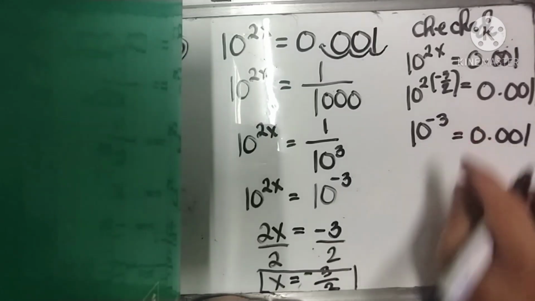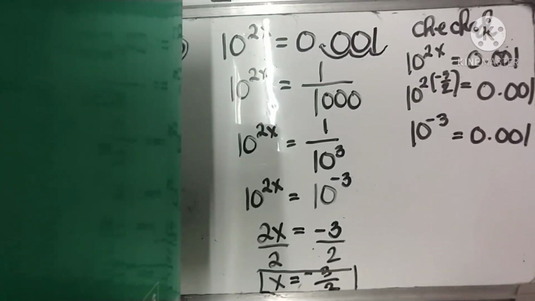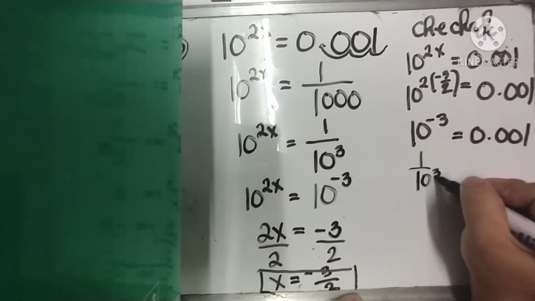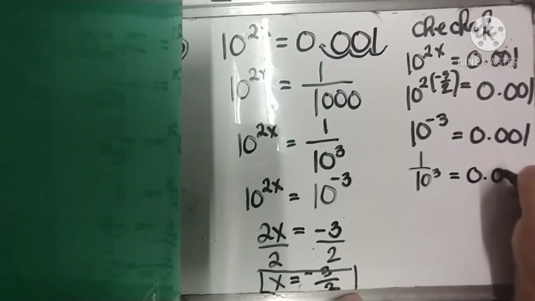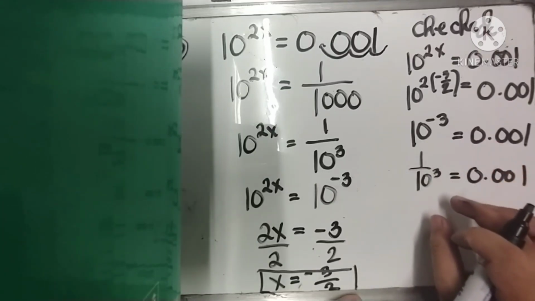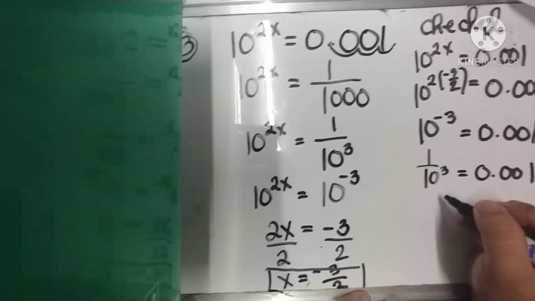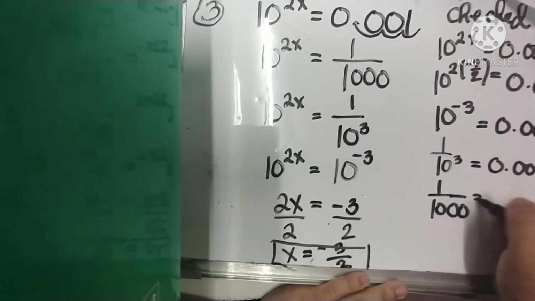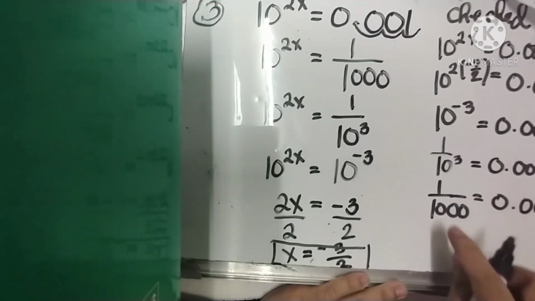Now, 10 to the power of negative 3, that is based on the law of negative exponent. Any number raised to a negative exponent is written in reciprocal form, or in fraction form. So this will become 1 over 10 to the power of 3, which is equal to 0.001. Now, 1 over 10 cubed becomes 1 over 1,000.